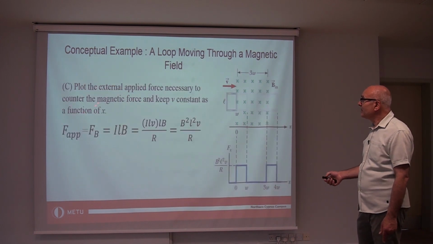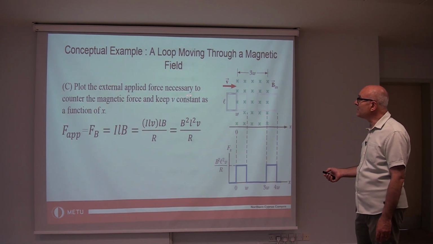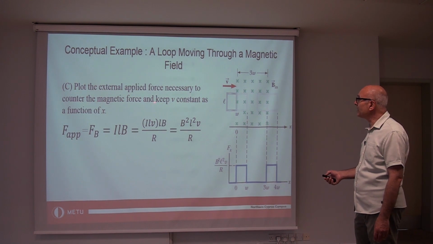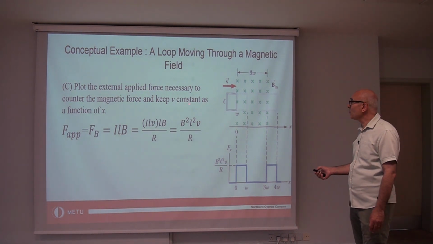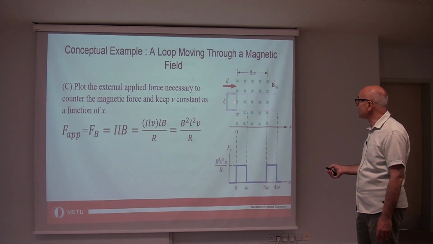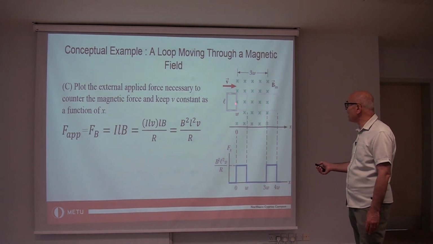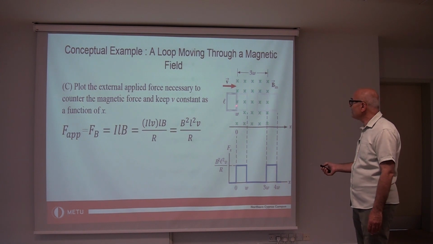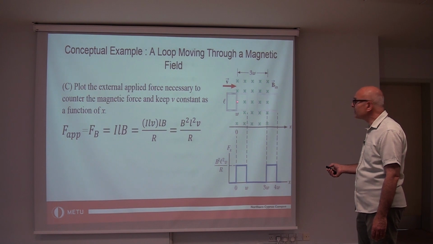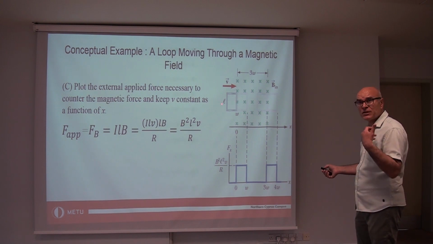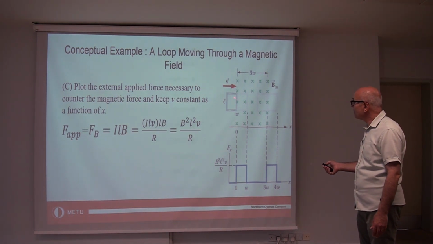Now, in part C here, we are requested to find the external applied force necessary to counter the magnetic force and keep V constant as a function of X. What happens is that when the loop enters here, we have an induced current, and the magnetic field will exert a force, and this force, as we have shown, is opposing the velocity.